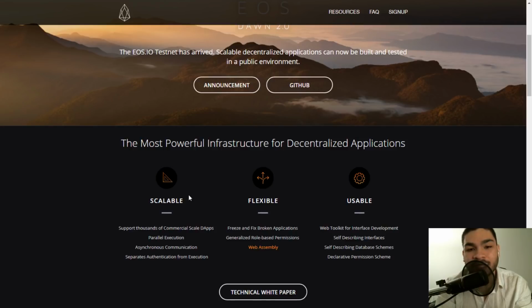Now, because of the nature of the EOS.io software and the problem that it's trying to solve, scheduling these dApps, helping them talk to each other and share resources and processes together, it has been referred to as the operating system of blockchains.